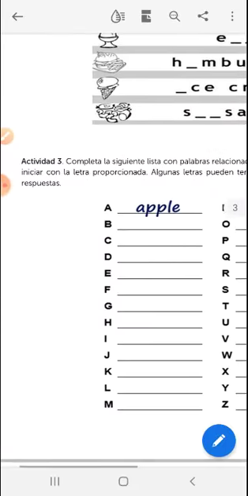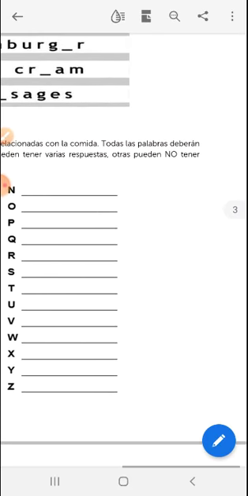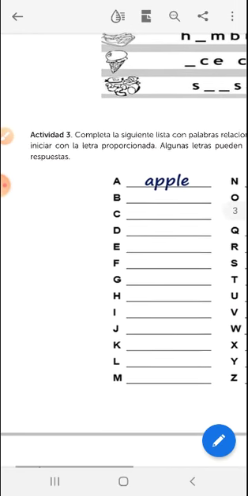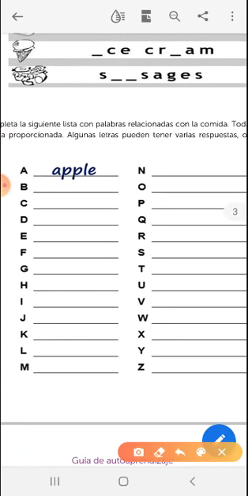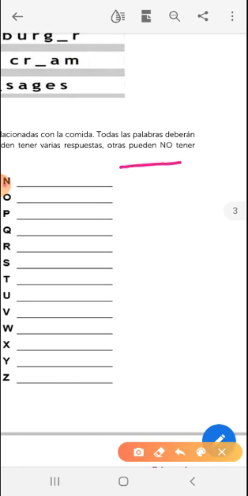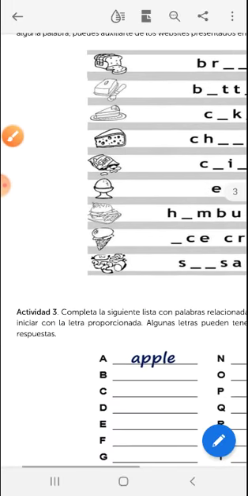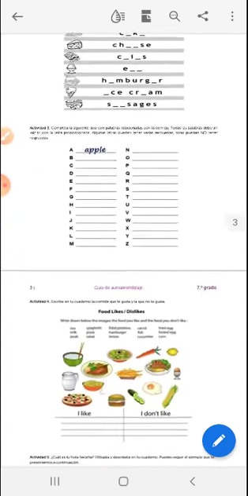Otras pueden no tener respuesta. Ok, attention to that. So, for example, teacher, I don't find any food with Z. Okay, no encuentro una comida, teacher, que empiece con Z. Aquí dice claramente, algunas letras pueden no tener una respuesta. Ok. So, esta es la part 1. Esperen la part 2 para explicar lo demás. Ok.